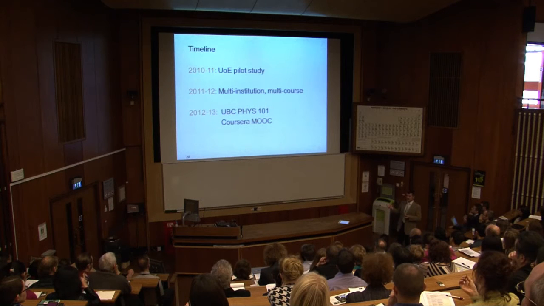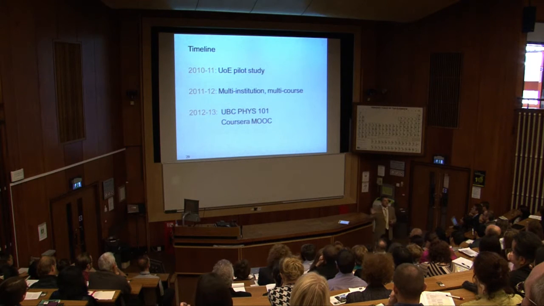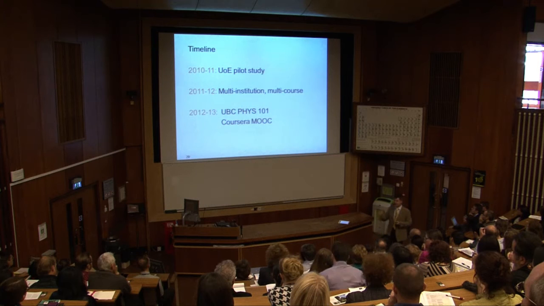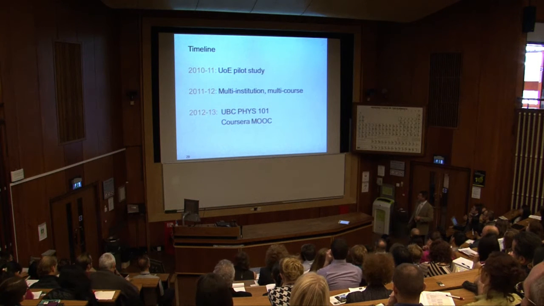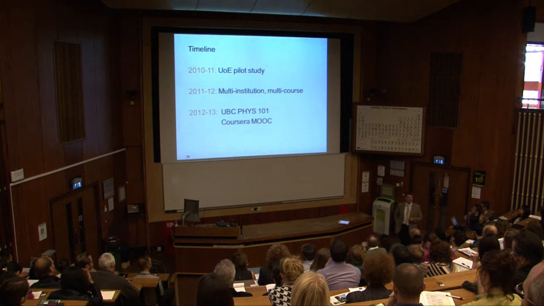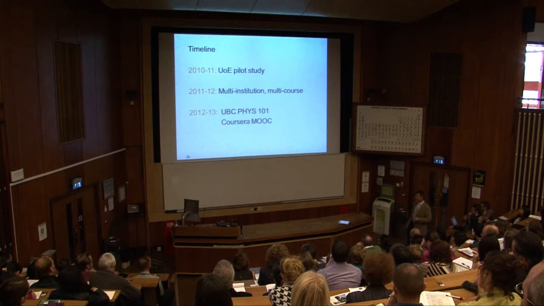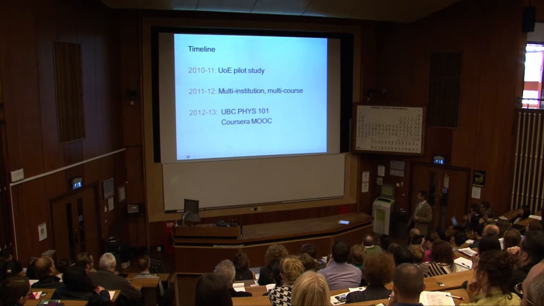Moving to UBC, I've used it in this non-majors course. And also, interestingly, we've trialed it in one of these MOOCs that we're offering in partnership with Coursera. So a very different way to deploy this. And the data that I'm presenting will be from somewhere along this timeline, mainly from the UBC course, but with other data, particularly from this multi-institution study, in there as well.